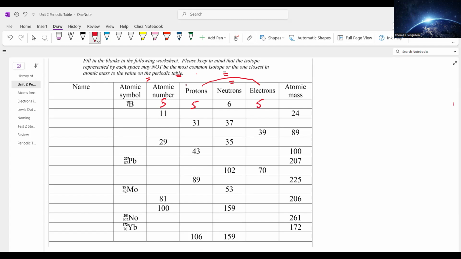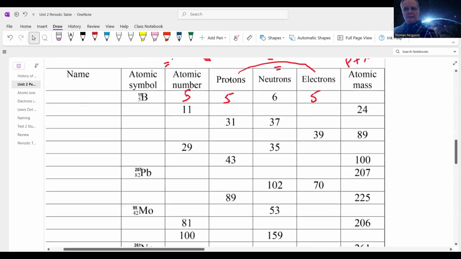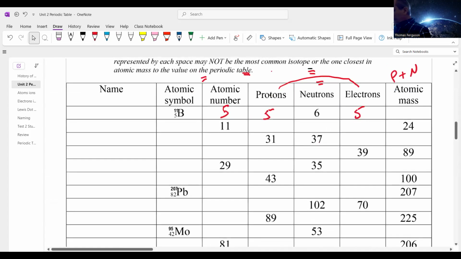Only if it's neutral, though. The atomic mass is protons plus neutrons. So, what's the atomic mass for this boron over here? 11.